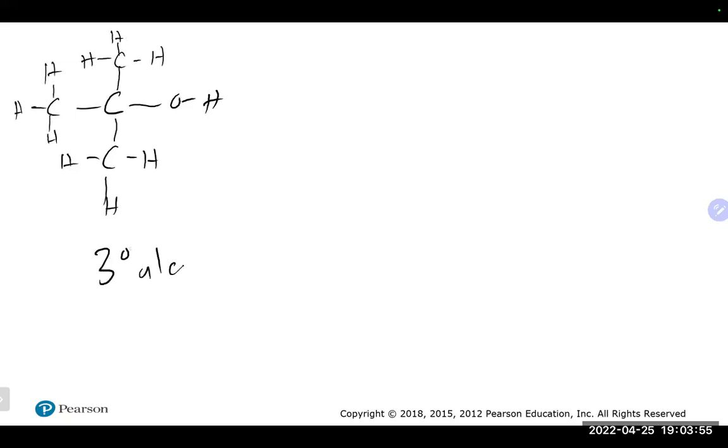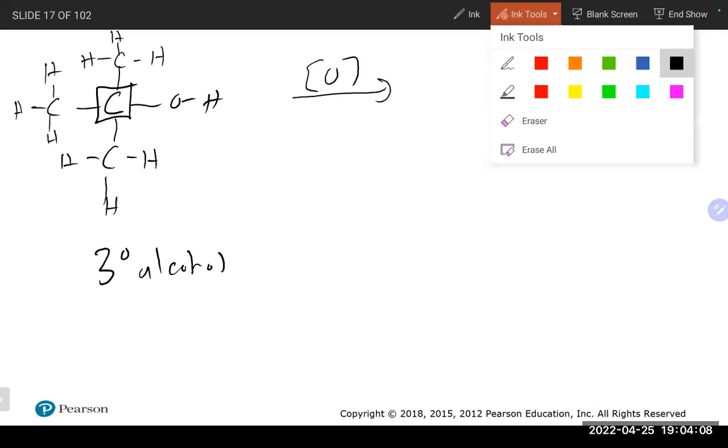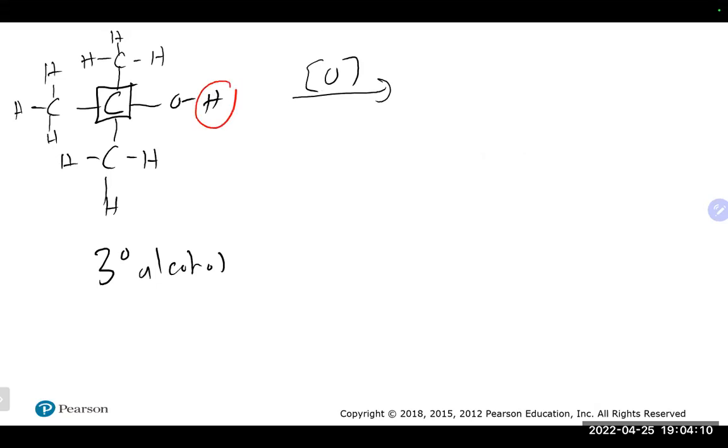Tertiary alcohol: again, a carbon right here, attached directly to 3 other carbons. I want to do a little oxidation action. So I'm going to take the hydrogen off of the oxygen. And the hydrogen should then come off of the carbon, correct? That is attached to the OH group. Is there a hydrogen there?